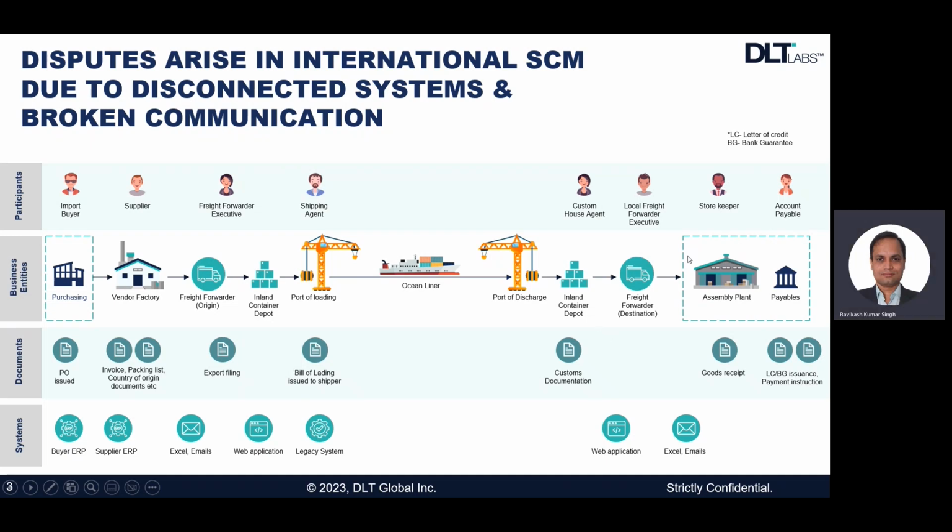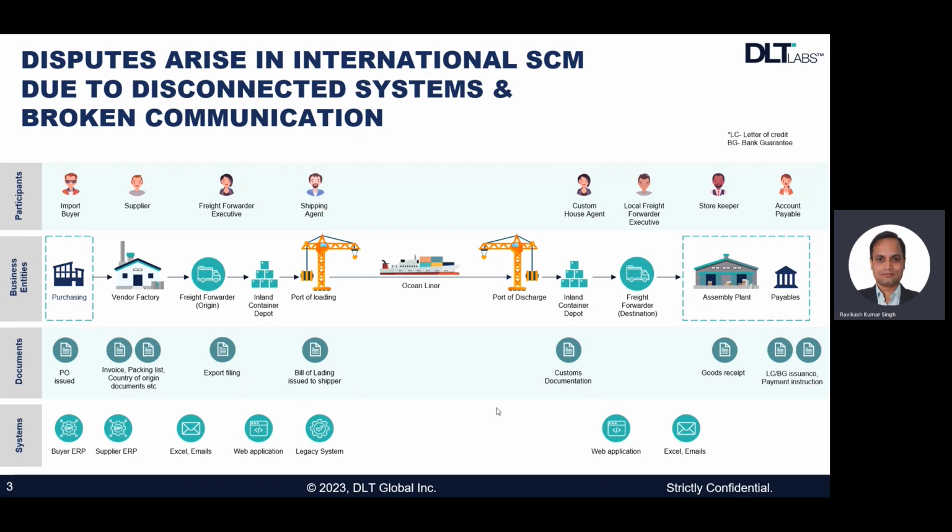Similar kind of processes will also be conducted at the port of discharge or the importer's country, wherein the custom documentation would be done on web-based application and the various data would be shared over emails. Once the goods reach the assembly plant, the goods receipt will be done in the importing organization's ERP, and post which the payables would pay or create the payment instruction in their own systems.